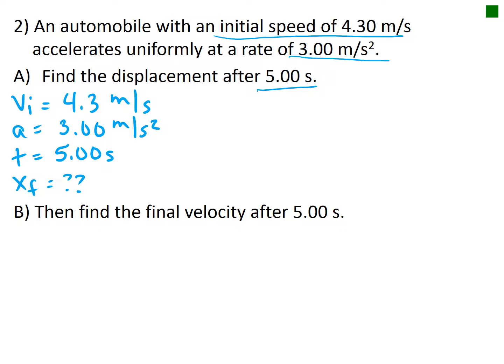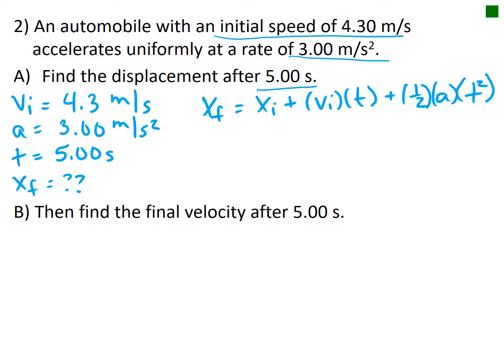All right, so we're going to use the exact same equation that we used in number 1. XF equals XI plus VIT plus 1/2 AT squared. So they didn't give us an initial position, so this term goes away. We can assume it's 0.